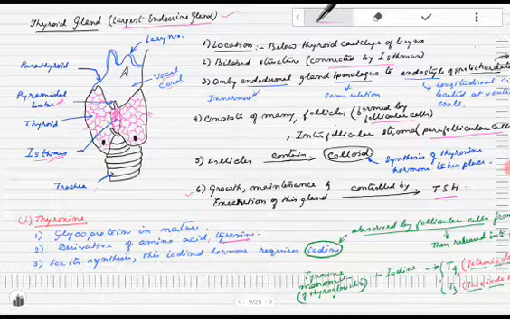Thus, these thyroid hormones play a very important role in the regulation of the basal metabolic rate, and they also support the process of RBC formation. They control the metabolism of carbohydrates, fats, and proteins, and maintain water and electrolyte balance. It also secretes a protein called TCT, thyrocalcitonin, which regulates the blood calcium level.